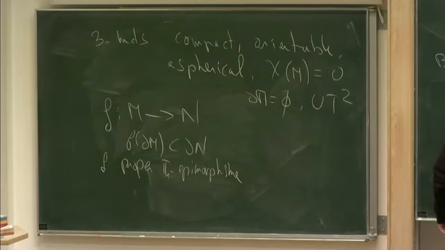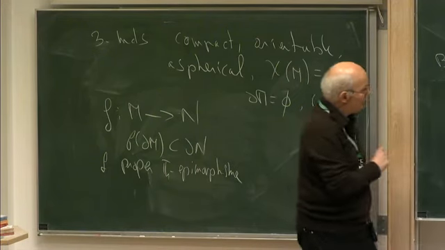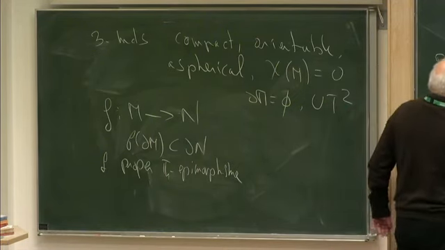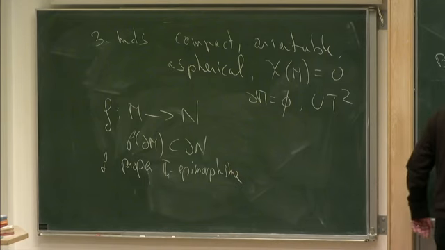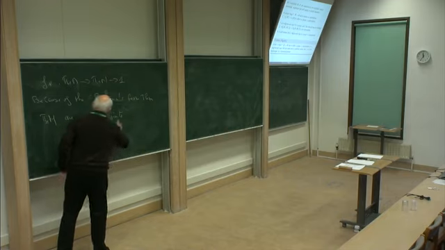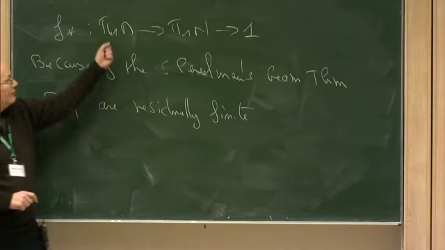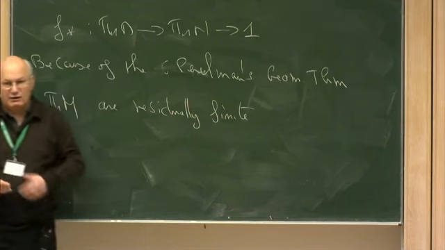Because of the Perelman geometrization theorem, we know that the fundamental groups of free manifolds are residually finite. And so in some sense, having an epimorphism from π1M to π1N will give an ordering.